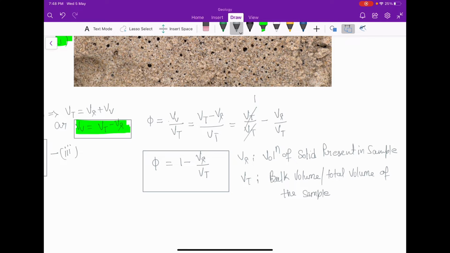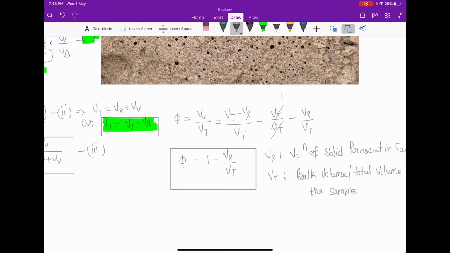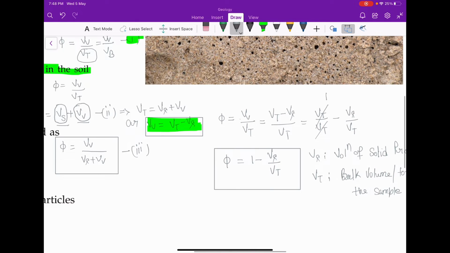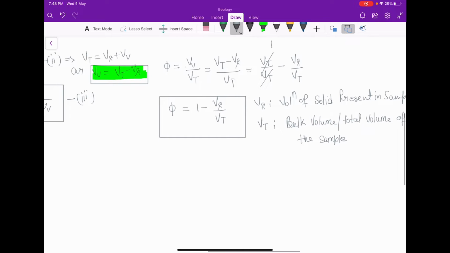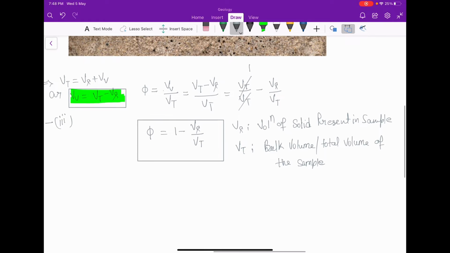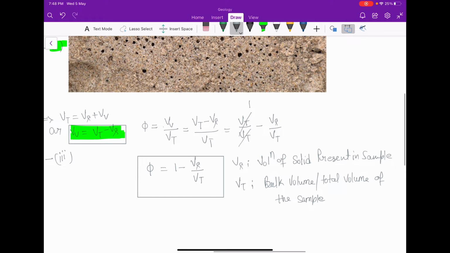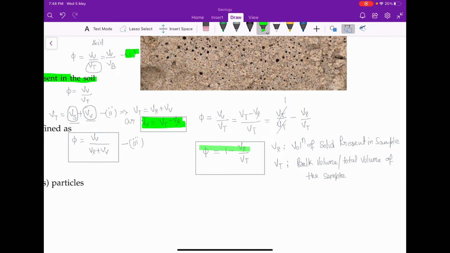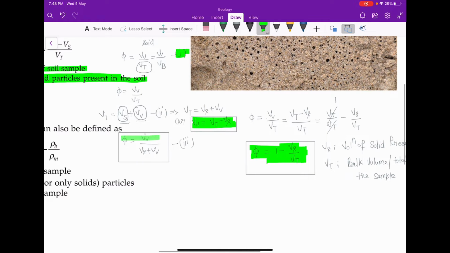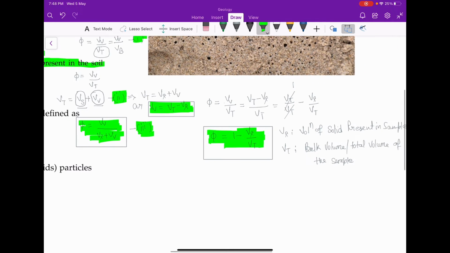So this is the formula for porosity in terms of volume. We can also write the formula in terms of density, because volume is connected with density and mass. So this is also an important formula. You have to remember equation number 3, equation number 2, and equation number 1.